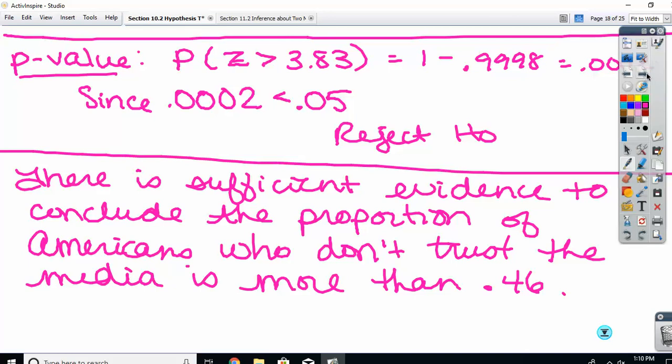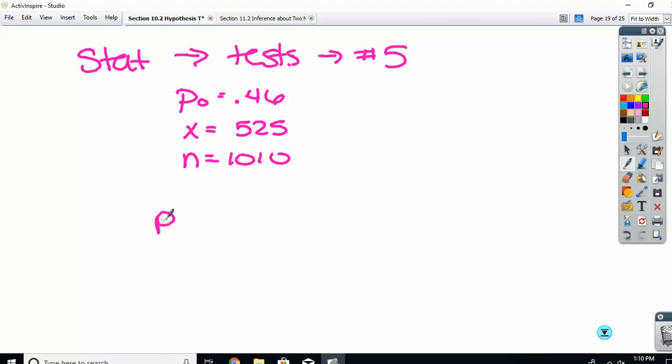That means you would move your decimal back 5 spots. Now, why is that not the same thing we got from our table? Did our table go up high enough for us to actually get the number? No. So if the number had actually been on our table, these would match. But either way, we can tell this is most definitely smaller than 0.05. So we would reject our null.